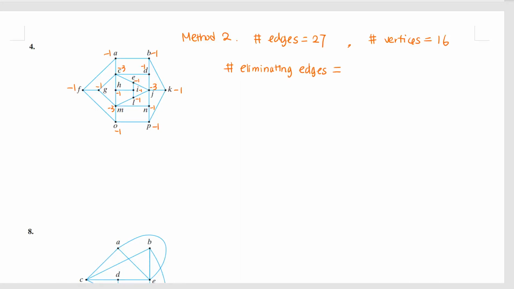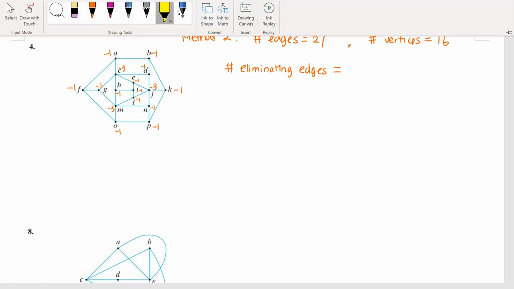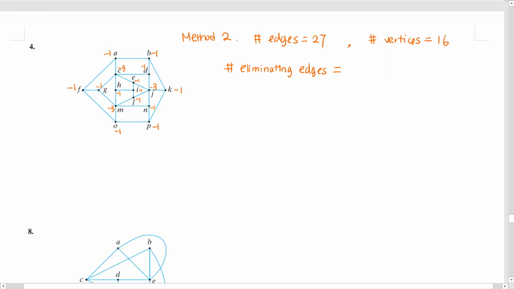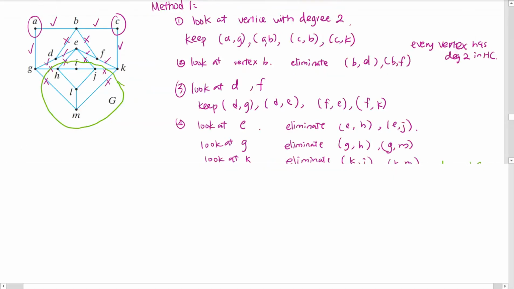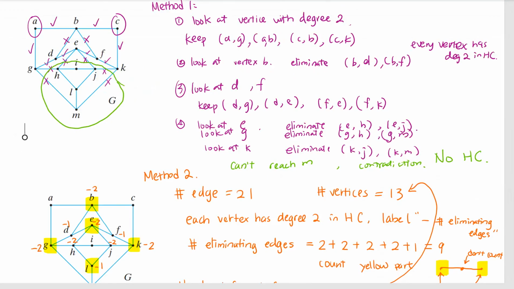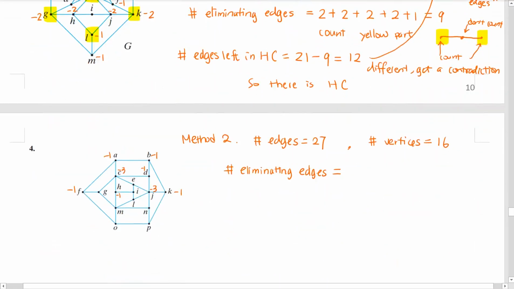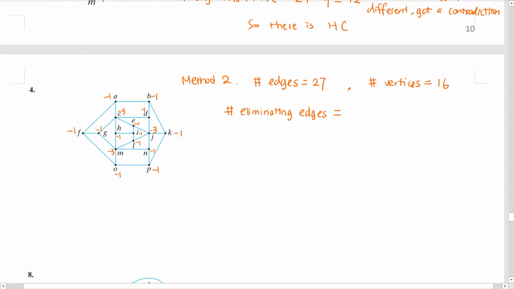So let's highlight with yellow. We first find the vertices with the biggest magnitude label. We can see here C is labeled -3, right?